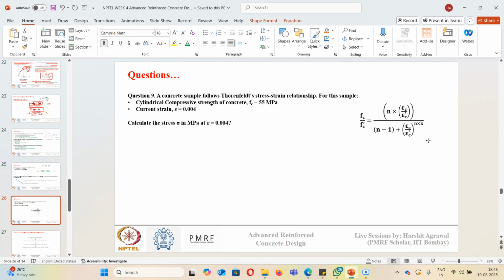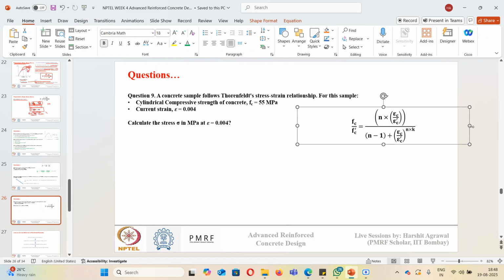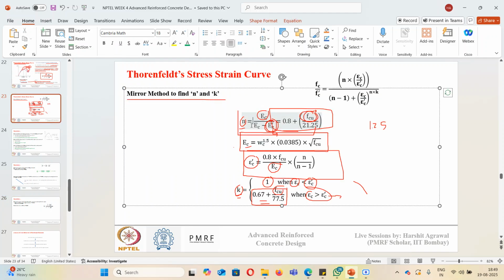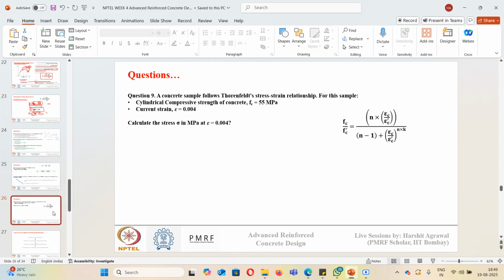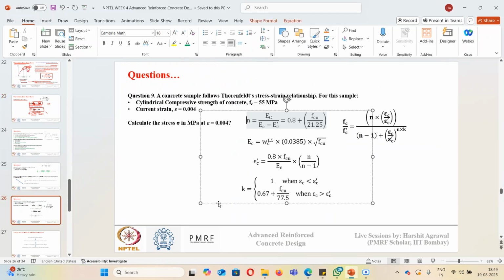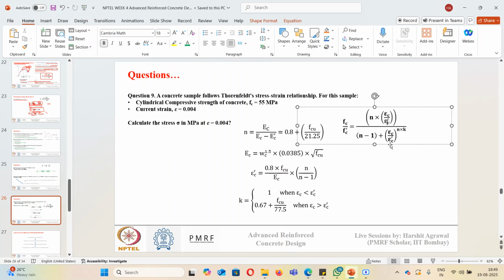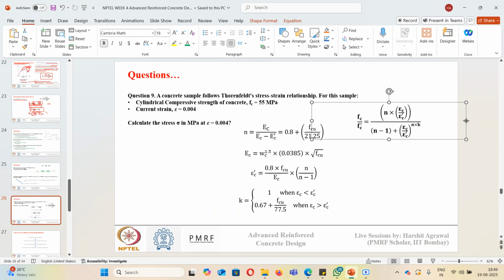So this is the basic representation, and for n and k, these four relationships we use for calculating the values of n and k. Everything is given to you, just give it a try.